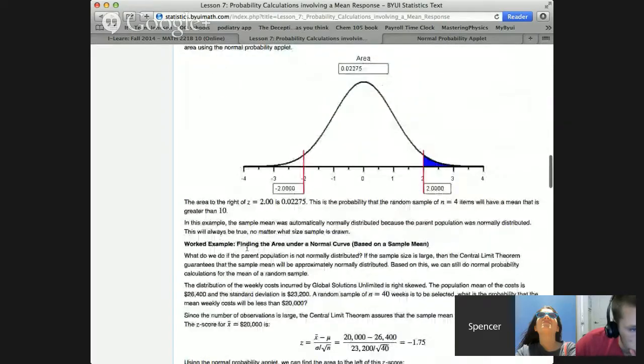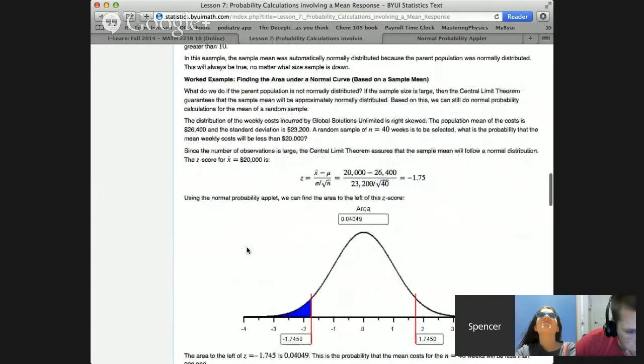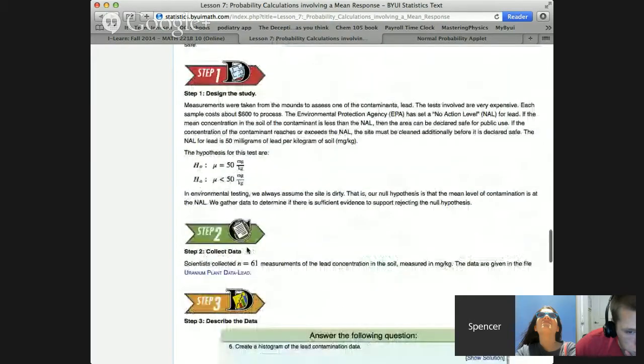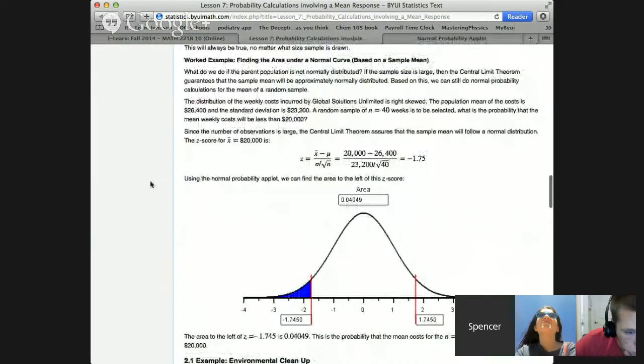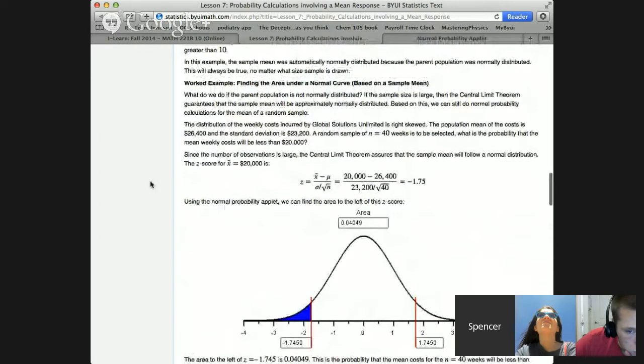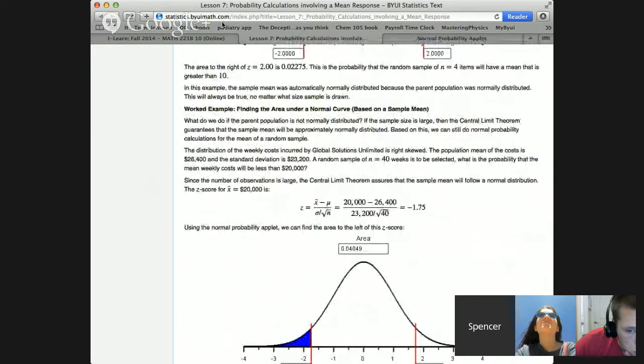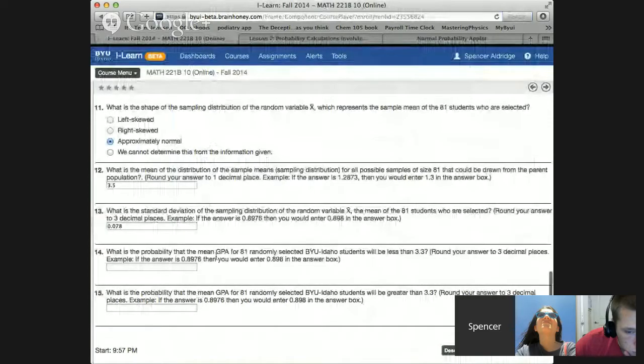I mean, we'd have to find the z-score of that, right? That's the only thing I could think of. So yeah, we'd need to do that. The value that we want is 3.3, and then we minus 3.5, and then divide by 0.7 divided by the square root of 81.